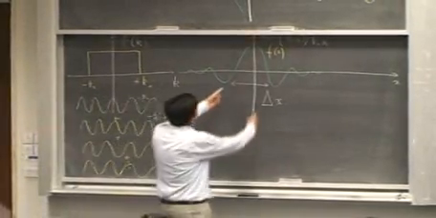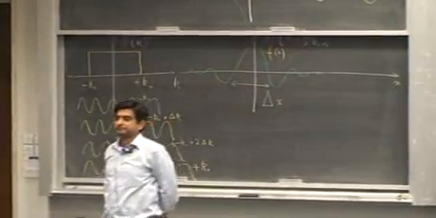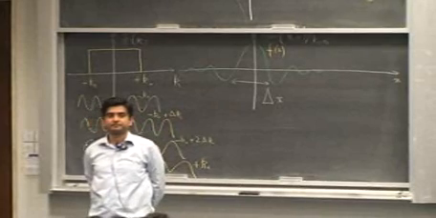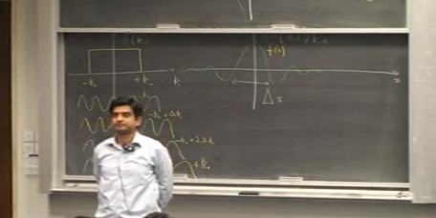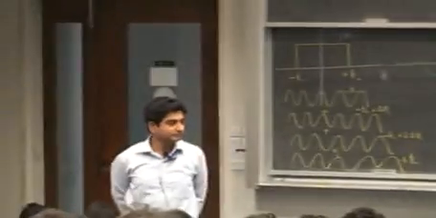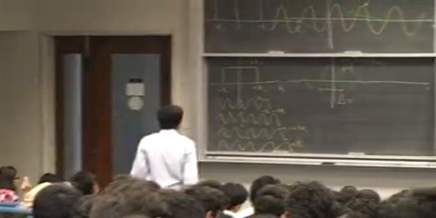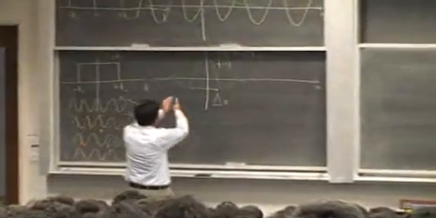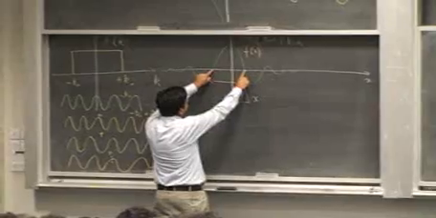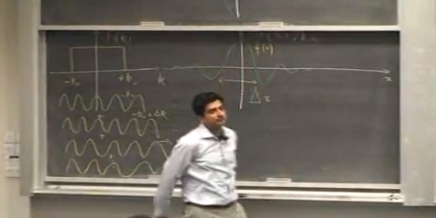What's the width of this central lobe? I mean the width along the horizontal axis. What's the difference in the values of x between this minimum and this minimum?